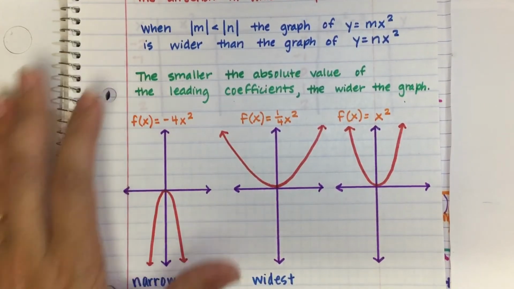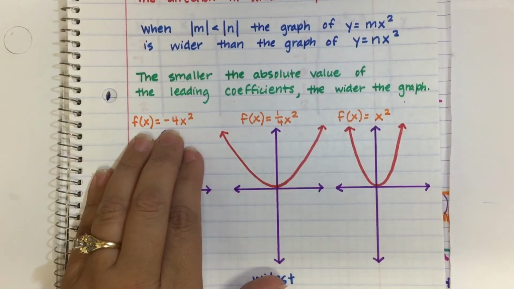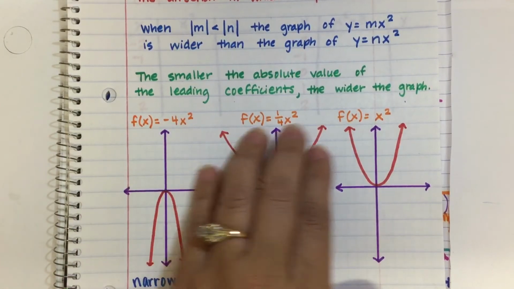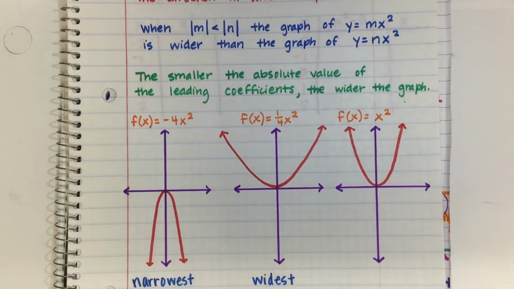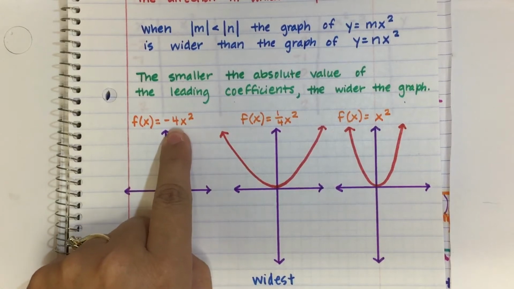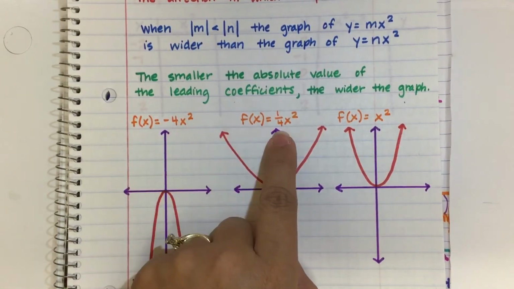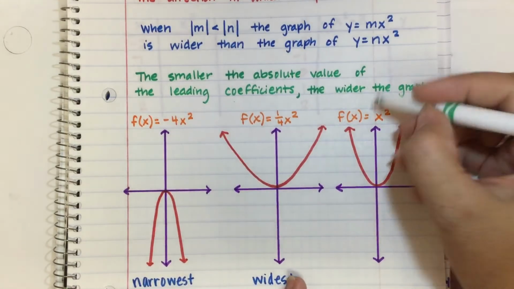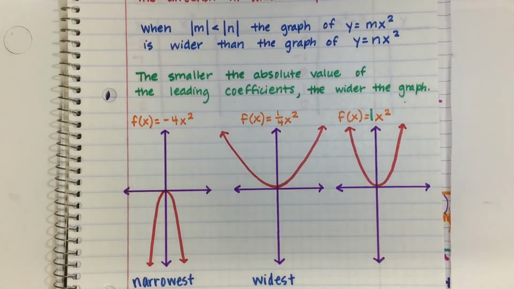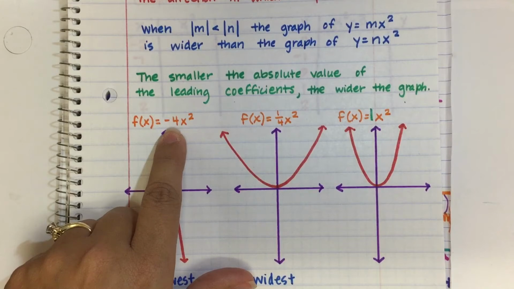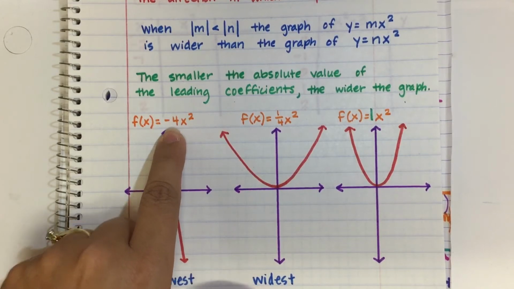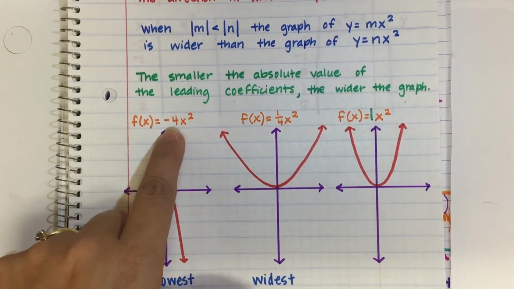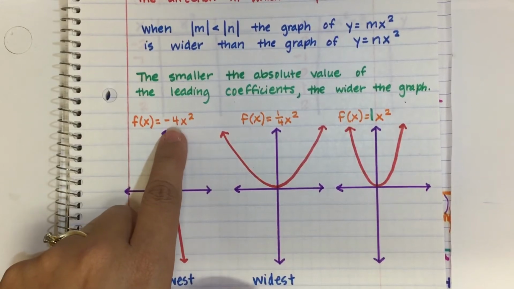Okay? All right, here we have negative 4x squared, 1/4 x squared, and x squared. The absolute value here is 4. Absolute value here is 1/4. The absolute value here, this is an understood 1. So the larger the absolute value, the smaller the graph.